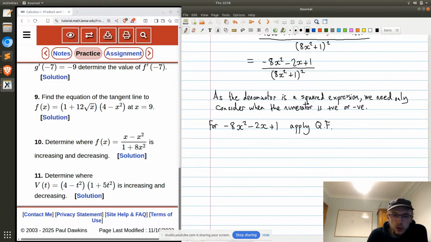Literally just super mechanical. And this is a parabola that's opening downwards. So it's only positive between those 2 points.